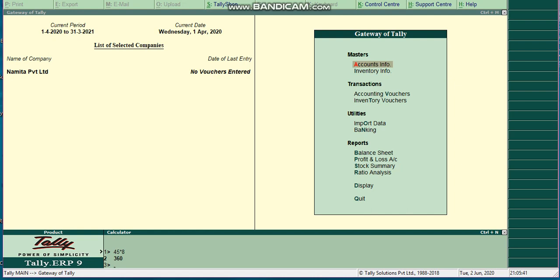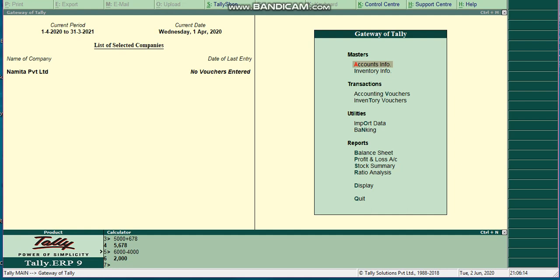Now you want to add any number, you can add, suppose 5000 plus 600 780, enter. Or you want to deduct any amount like 6000 minus 4000, press enter for the answer and you will get the answer.